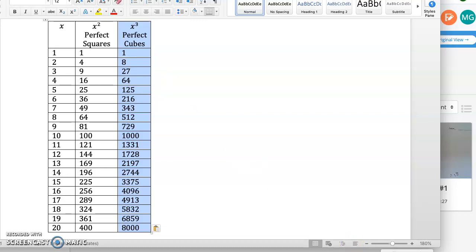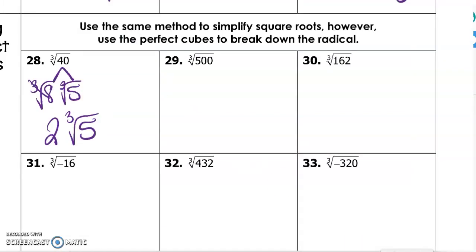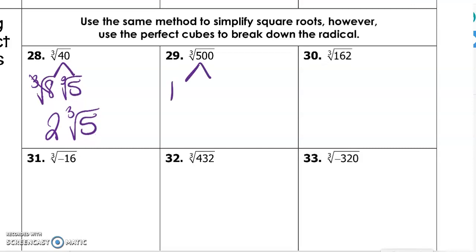So there is the multiplication we need to use. So this is 125 times 4, cubed root, cubed root. So the cubed root of 125 is 5, and then again, cubed root of 4 comes along.